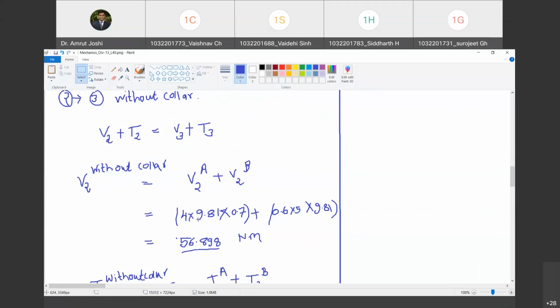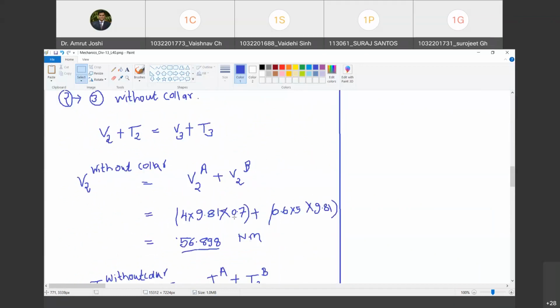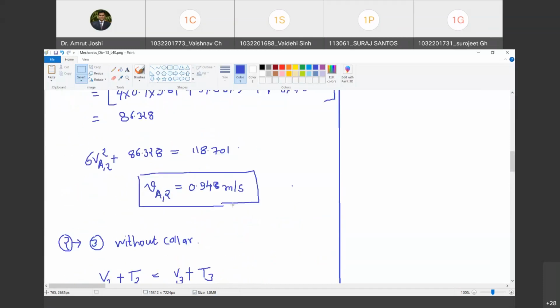So 4 into, Sir, the under root, scroll up just a little. This one? Yes, sir. Sir, we are getting it as 2.322.